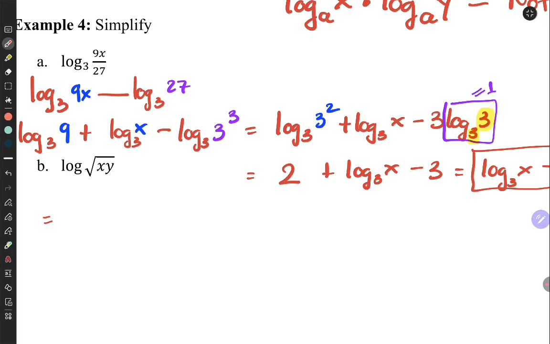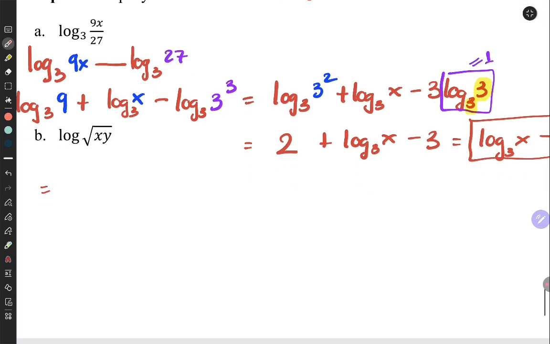If you don't write a number, I assume that it's going to be 10. Okay, what do we do first?